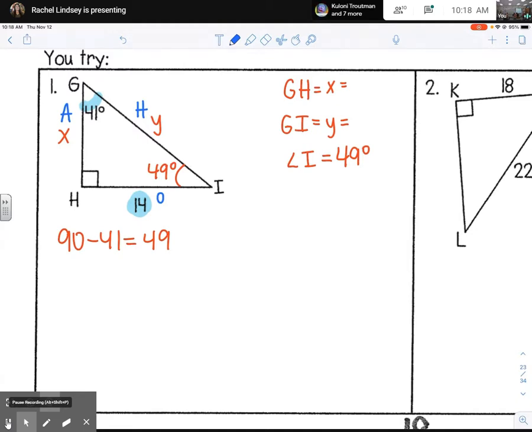So if I want to solve for x, I have adjacent and opposite. What am I going to use? So I'll have tangent of 41 equals my opposite 14 over adjacent x.